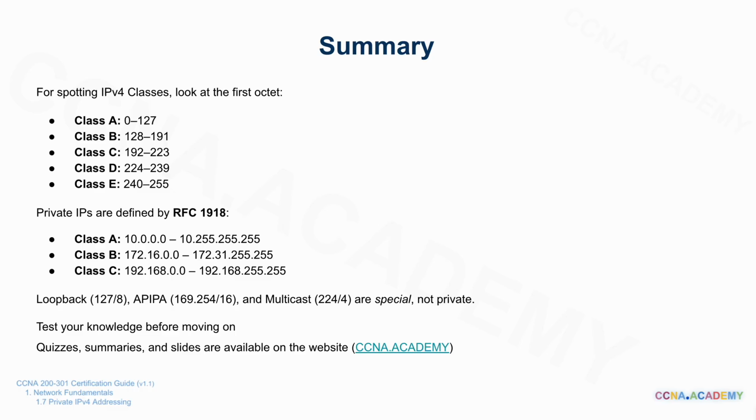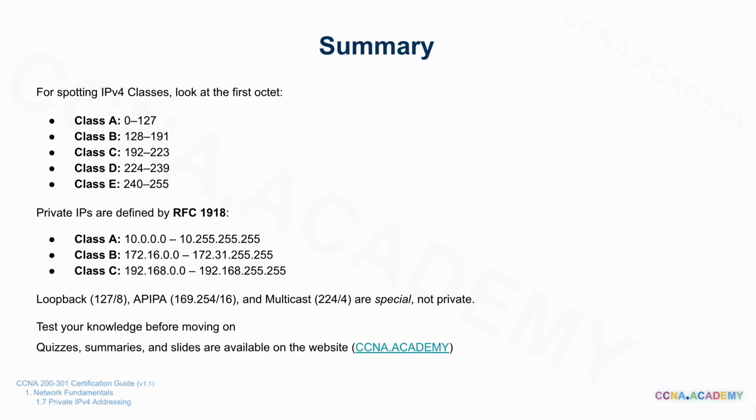Private IP addresses are defined by RFC 1918. Class A covers 10.0.0.0 to 10.255.255.255. Class B spans 172.16.0.0 to 172.31.255.255.